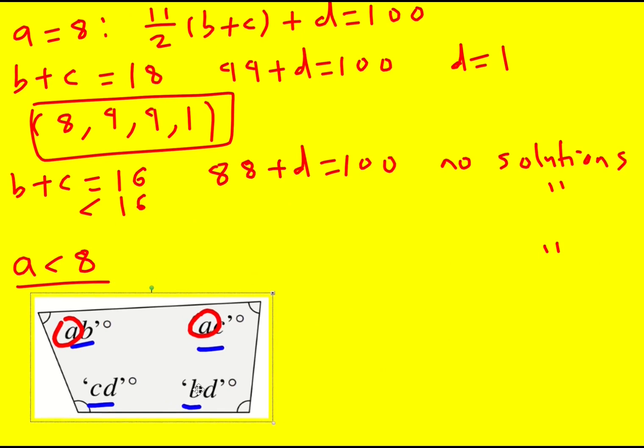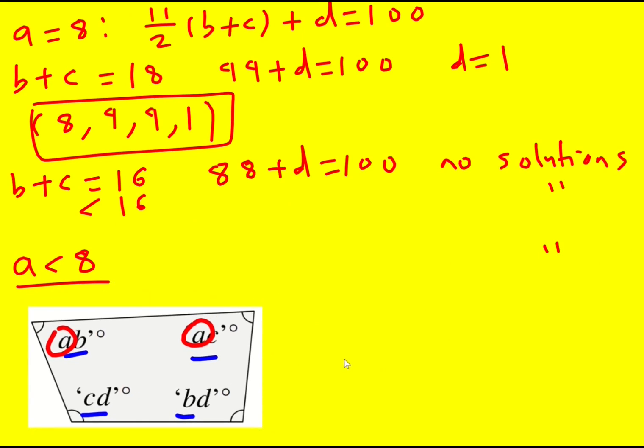Just got to carefully put them in now. So we've got, as one set, A was 9, so 89. And then 89 for top right, and then C would be 91, and then we get another 91. Okay, there we go, there's one solution.